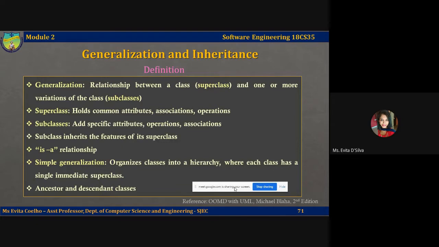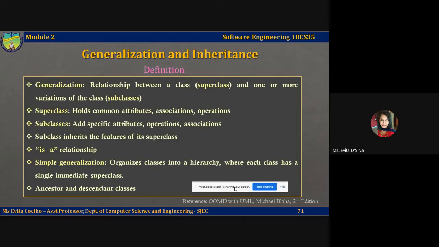The superclass will hold all common attributes, operations, associations, whereas the subclass will add specific attributes, operations, and associations. Each subclass is said to inherit the features of its superclass.